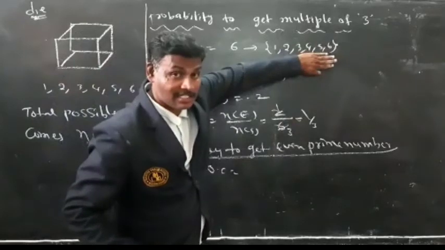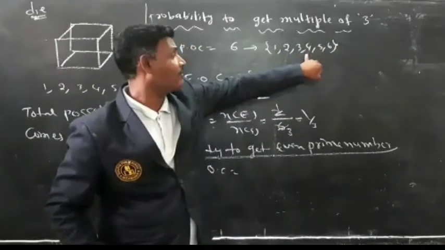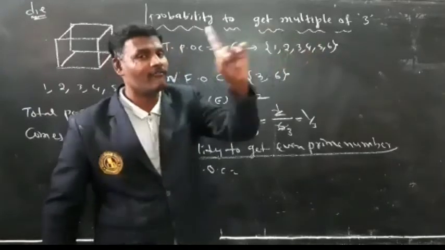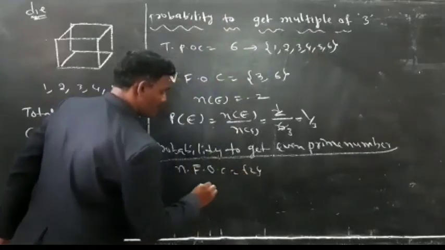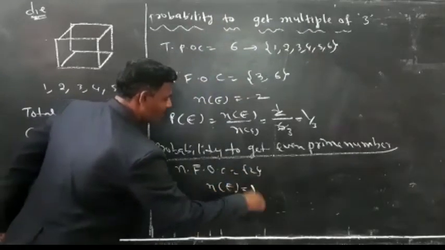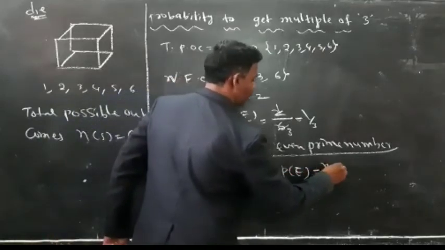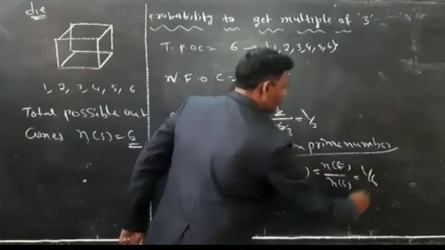In those 6 chances, 6 is not an even prime number. 5 is a prime number but not an even prime number. So only one chance, that is 2. n of E is equal to 1. So the probability of this event is equal to n of E by n of S, nothing but 1 by 6.